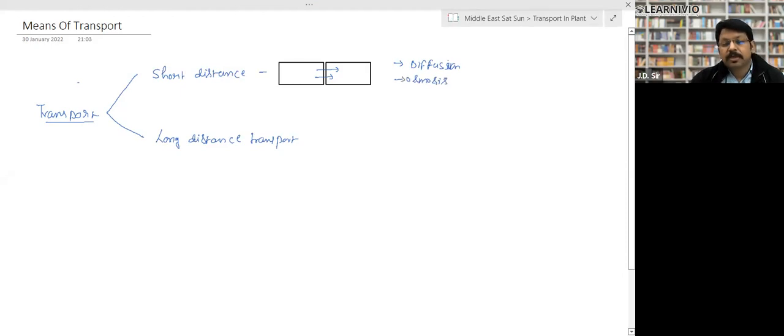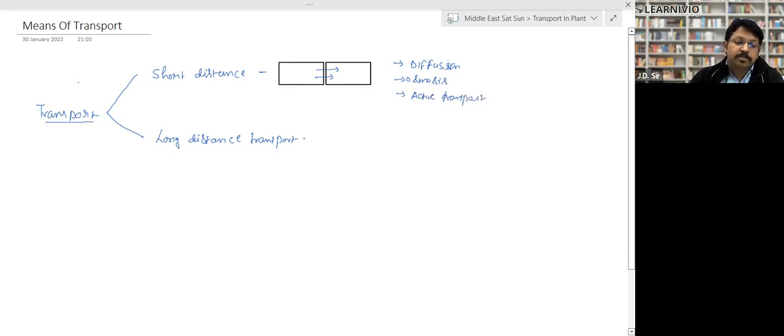So these are basically the processes by which the transport takes place over a short distance from one cell to another cell, right? We'll discuss all these things in detail. And it may even be active transport as well.